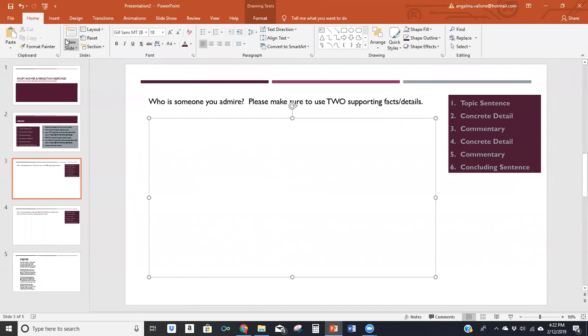So we are going to first do our topic sentence. Generally with the prompt, you want to use the prompt inside your topic sentence.